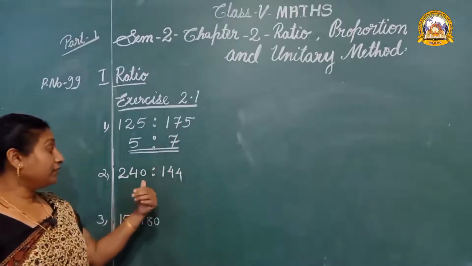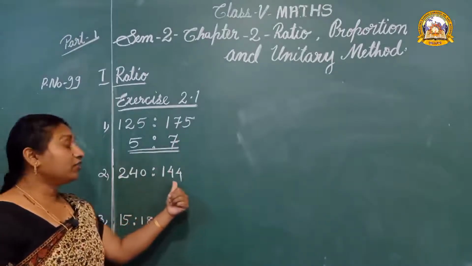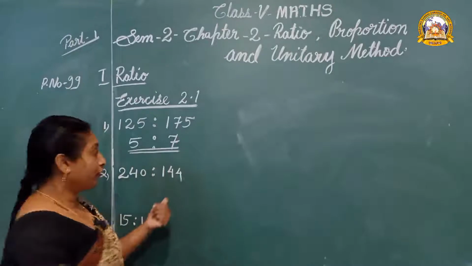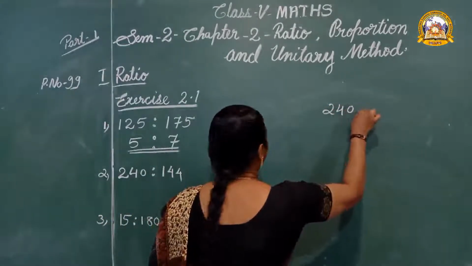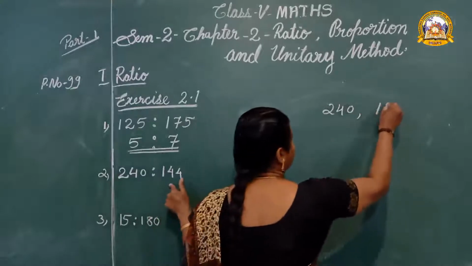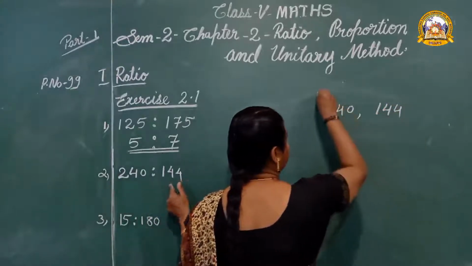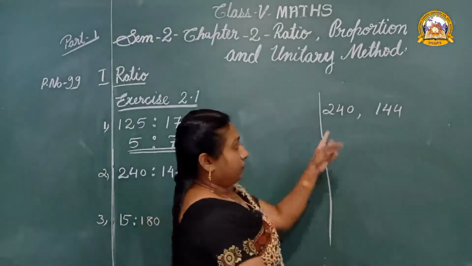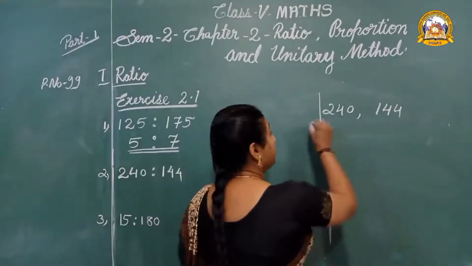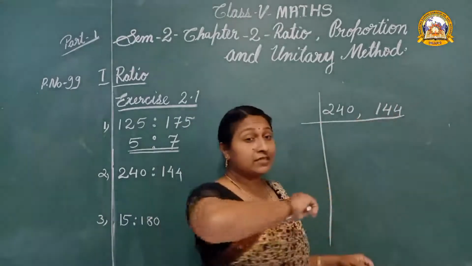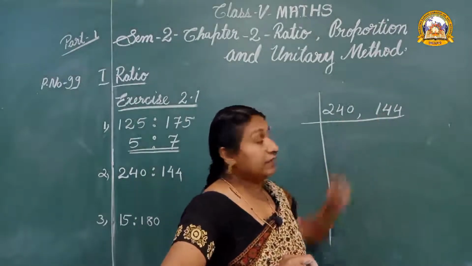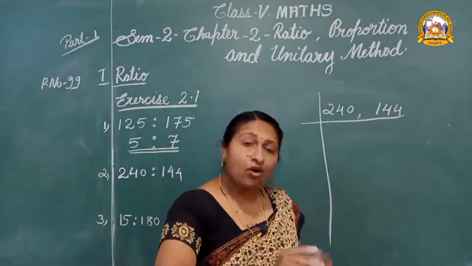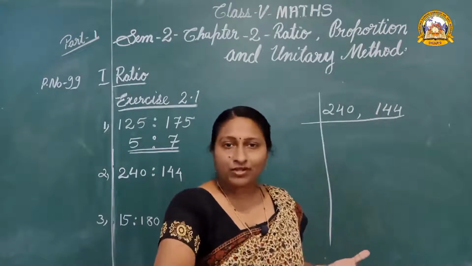Next, second one. 240 is to 144. Let us write them. 240 and 144. First, let us divide them by 2 because both of them are even numbers. All the even numbers are multiples of 2.